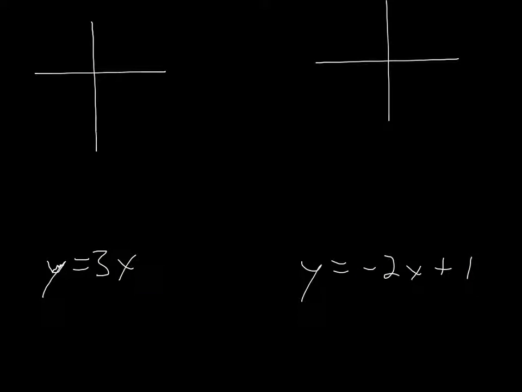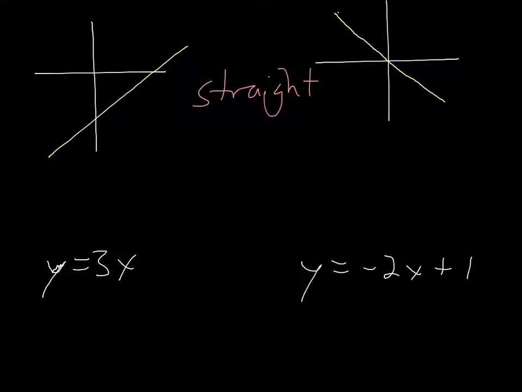The last 4 questions ask us if this is proportional or not proportional. The way we recognize whether a graph is proportional or not proportional, it has to be a straight line, and it has to go through the origin.